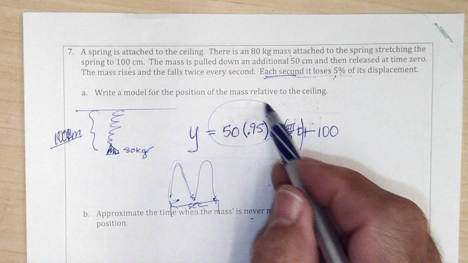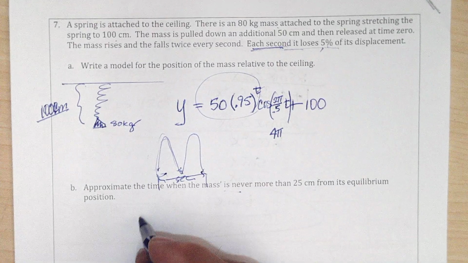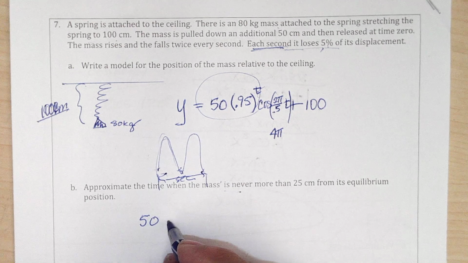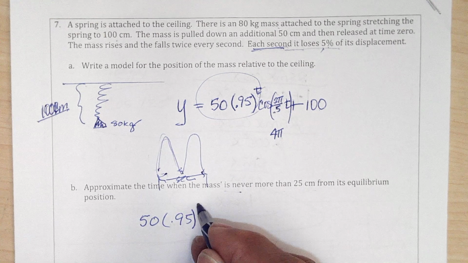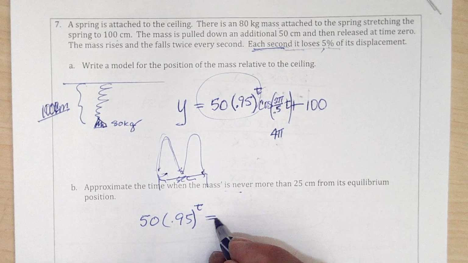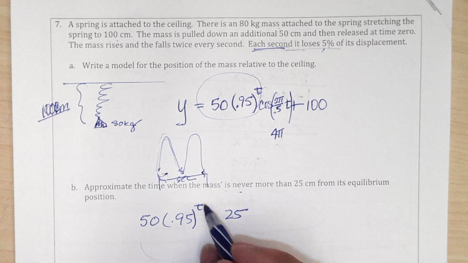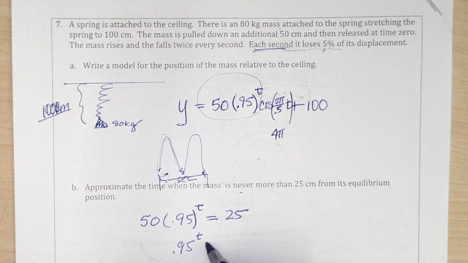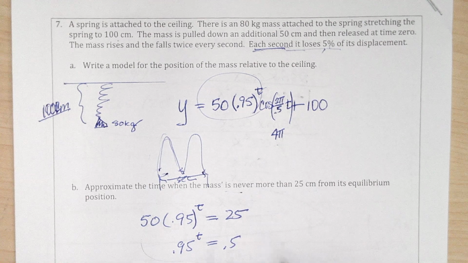When is it never more than 25? Well, that means the amplitude has to be 25 or less. So 50 times 0.95 to the t has to be 25, or divided by 50, this has to be 1/2. 25 divided by 50 is 0.5.